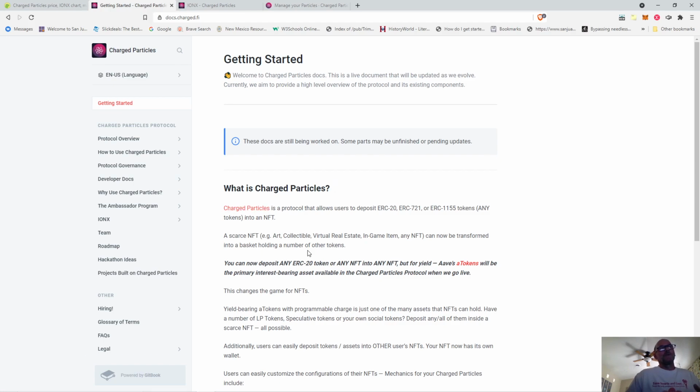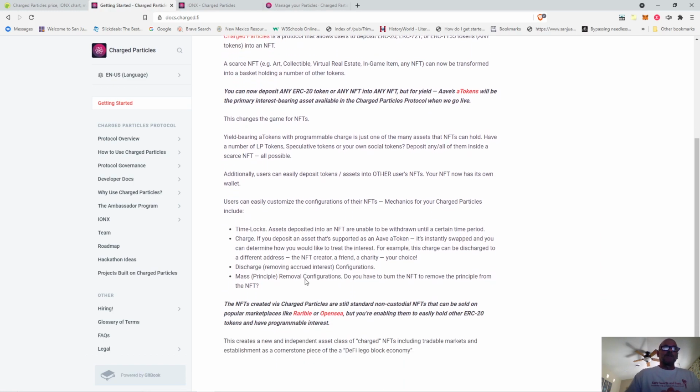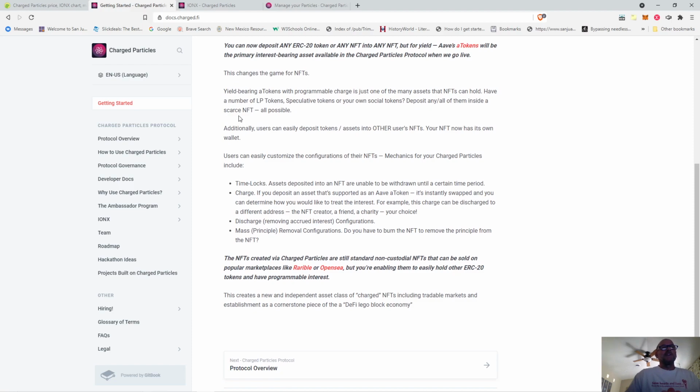So what is Charged Particles? Just like we said, you can put NFTs, yield-bearing tokens can be added to them, so you can put time locks on them, you charge them, and you can deposit interest-bearing or yield-bearing tokens inside of them. So it's instantly swapped to like an Aave type of token.